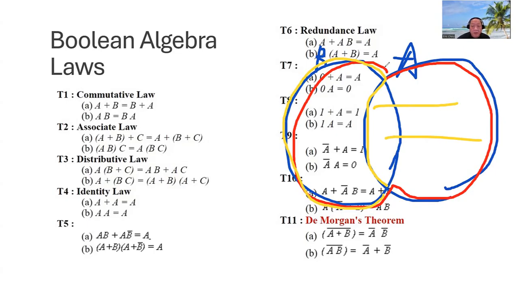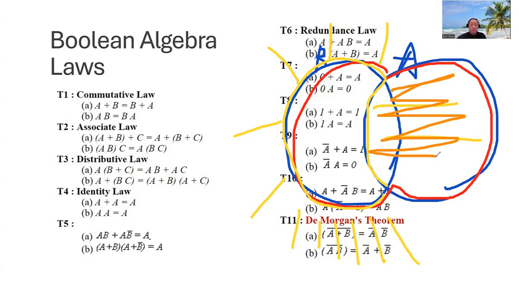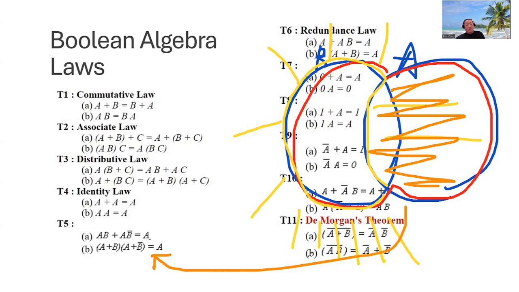So A or B bar is anything outside here, anything right here. So the red one and yellow dash are actually the overlap, should be this portion. This can pull that: A or B, and A or B bar is A. So far, okay?